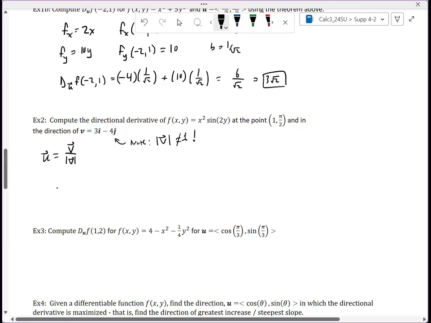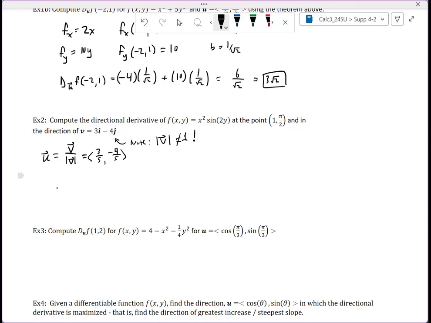We construct a unit vector by taking the vector in the direction that we want it to point in and dividing by its length. Its length is, of course, 5. 3 squared plus 4 squared is 5 squared. And so u, our unit vector in that same direction as v, is going to be the vector with first component 3/5, second component minus 4/5.